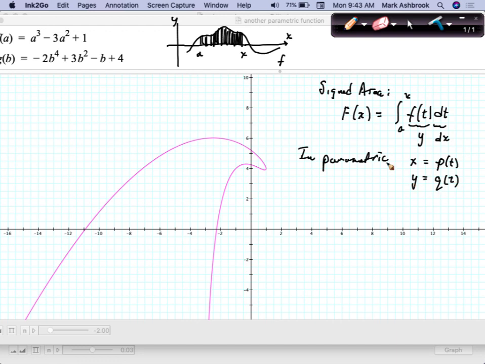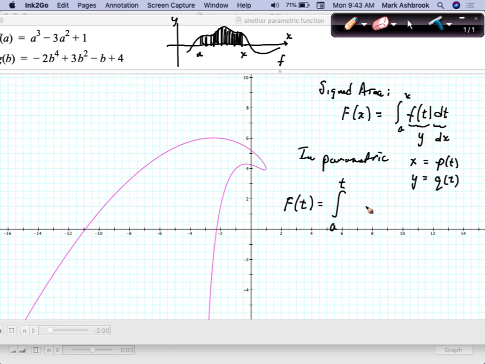Okay, so in parametric, our signed area would be f of, now t, right? It's going to be as a function of our parameter. It's going to be the integral from a to t. And this is a starting t value, final t value, and then we need y.